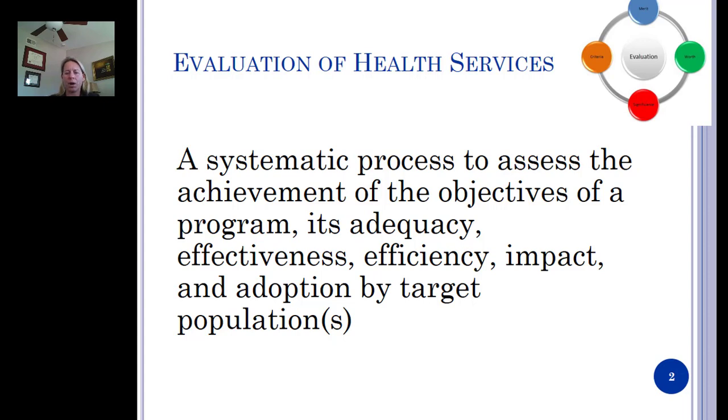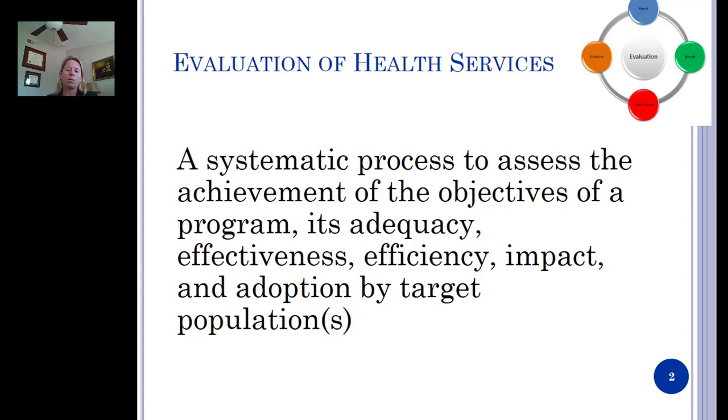This is a systematic process to assess the achievement of the objectives of a specific program, how adequate that program is, how effective it is, efficient, and how it impacted the population that it was applied to, and how did the target population adopt or uptake that program.